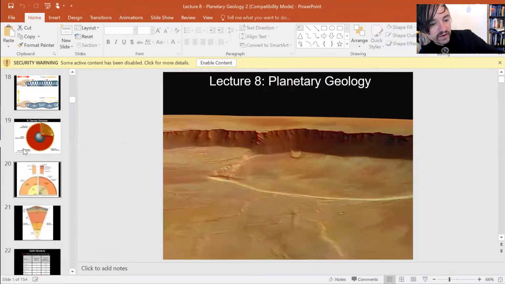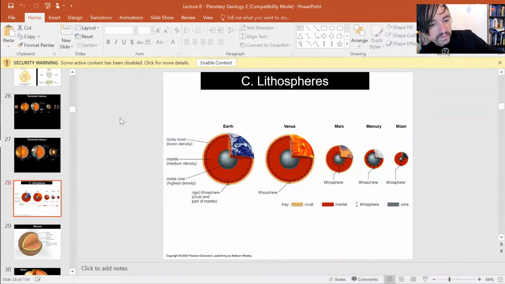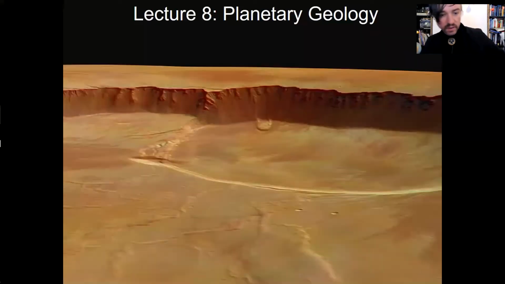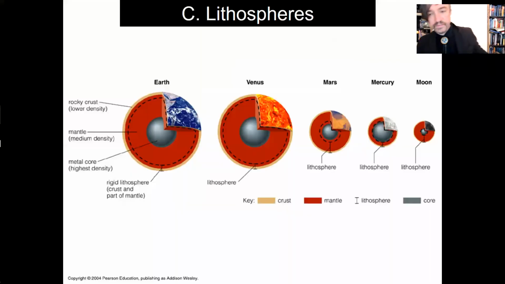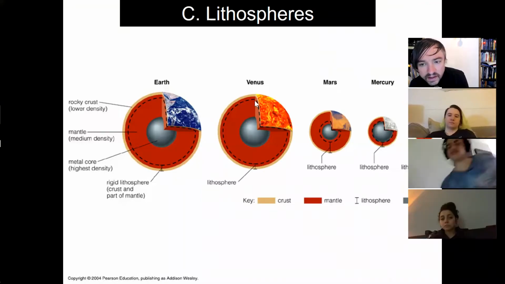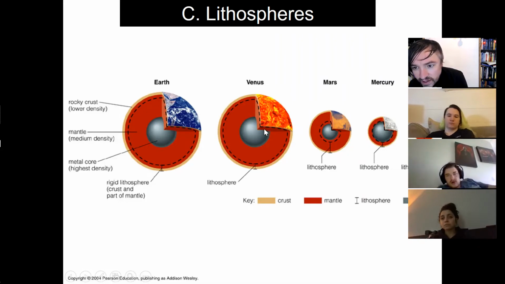They are layers, and this is the picture where I attempted to show that, slide 28. Composition-wise, Earth, Venus, and Mars are basically the same. It's layers of silicate rock with a mantle, and then in their cores, a nugget of iron and nickel.